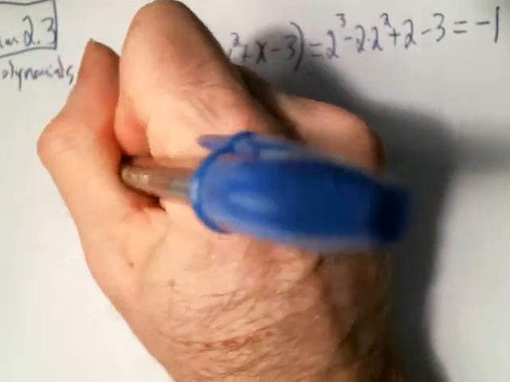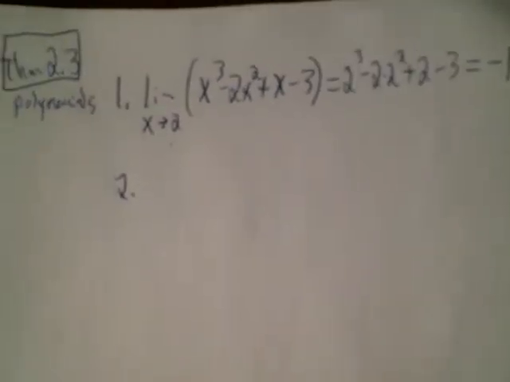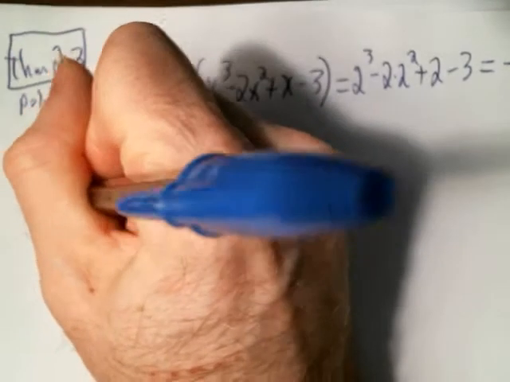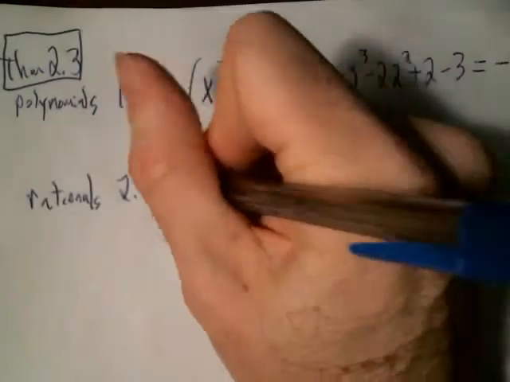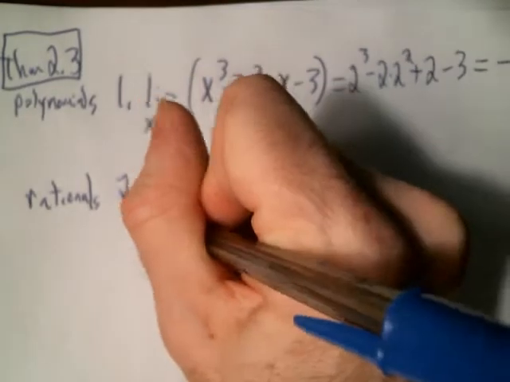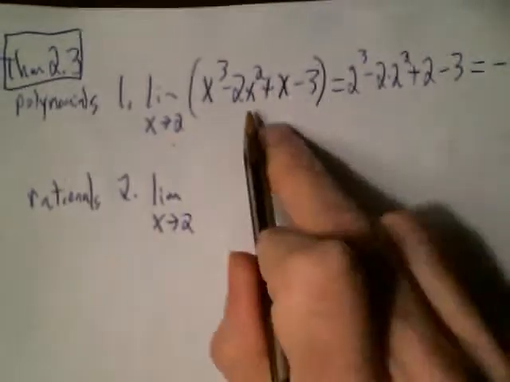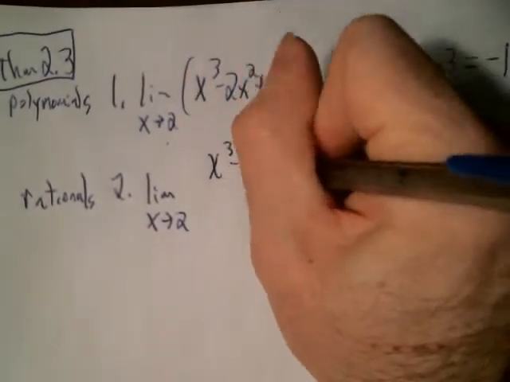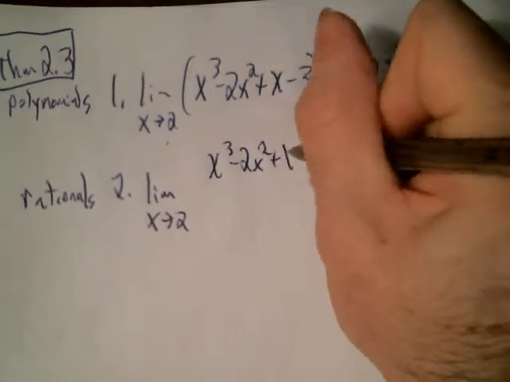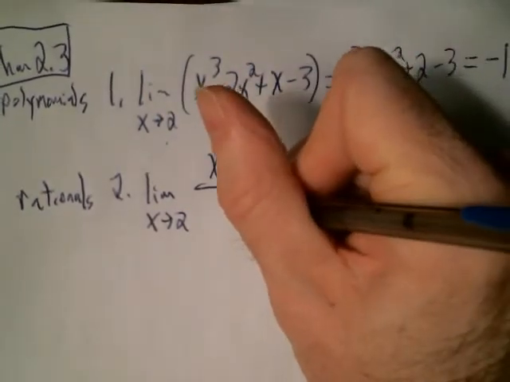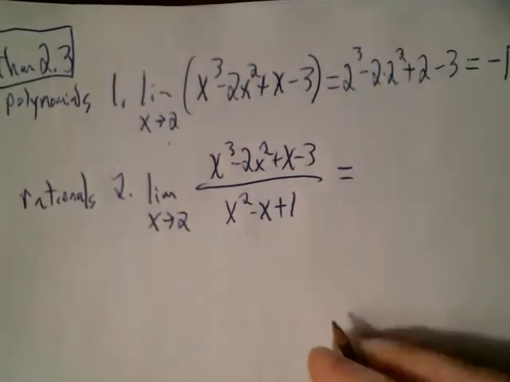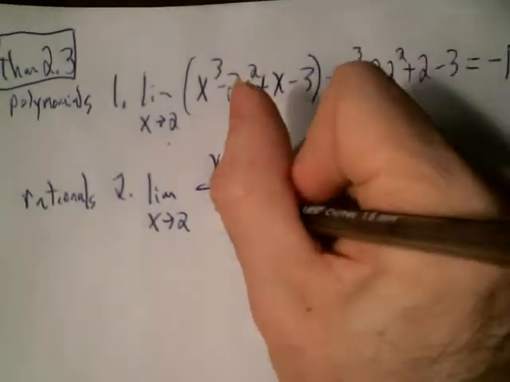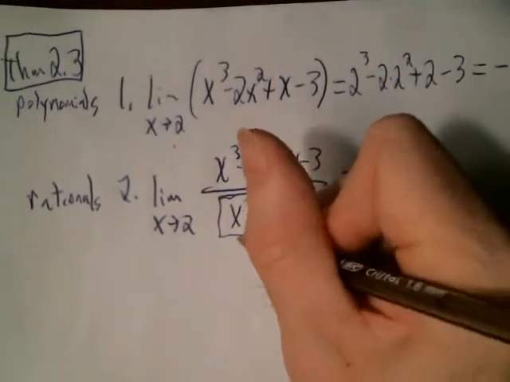You can also do this with rationals, so long as the denominator is not 0. For instance, if we have the limit as x goes to 2 of x cubed minus 2x squared plus x minus 3, all over, let's say, x squared minus x plus 1, then I could do a straight substitution, so long as the denominator is not equal to 0 at 2.